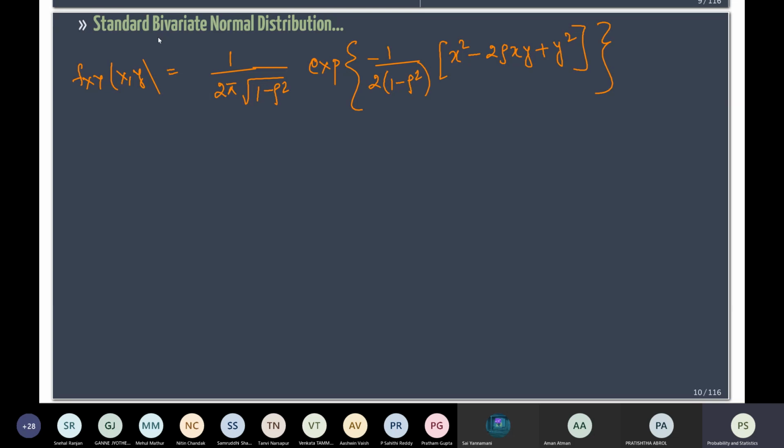The reason for spending time on this is that it will be used in the definition. So these are the correlations, rho, and this is the joint PDF. When some correlation is given to us, remember, if the correlation is 0, then you know that it will behave like the PDF of the independent standard normal, right?